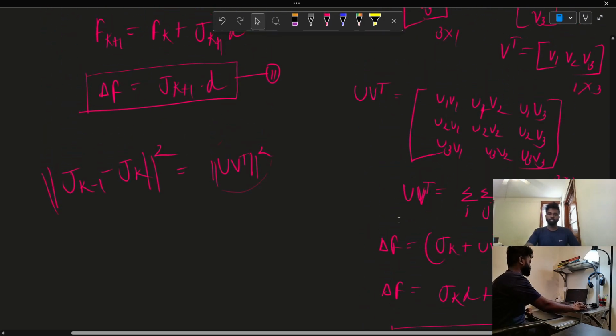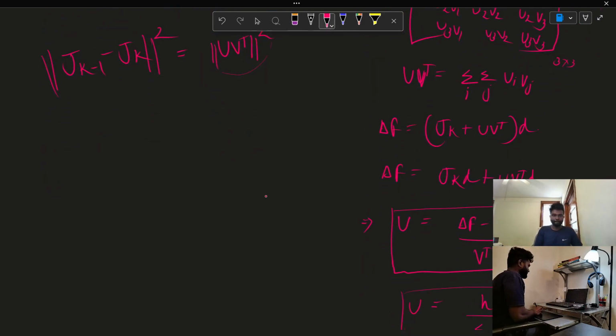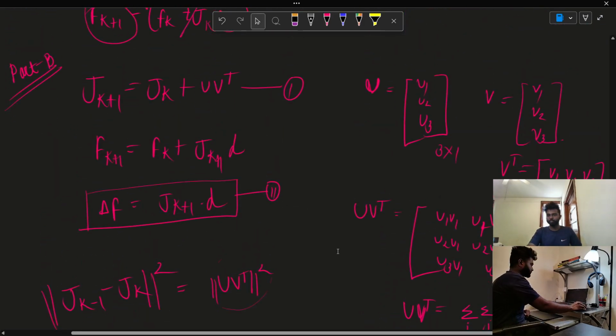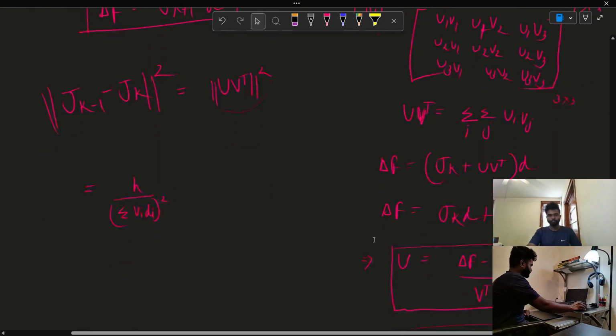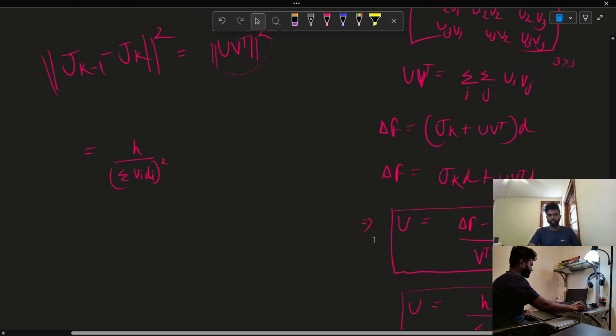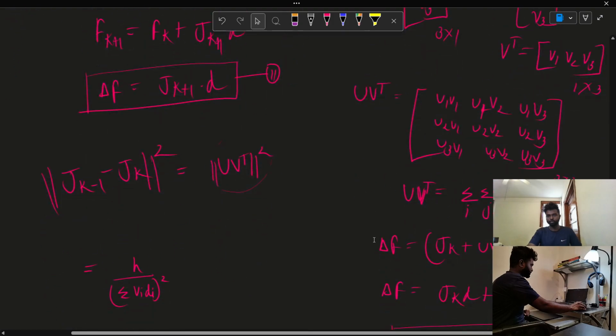Now we're going to use this here. So it will be u squared, h by the summation of v_i d_i, whole squared, and v transpose we just keep as it is.